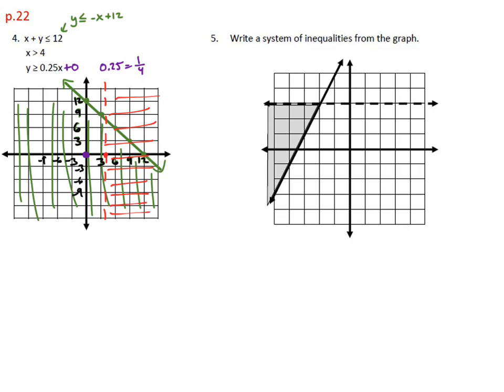So I'm going up 1 to the right 4. Up 1 to the right 4, so that's going to put me at 8. Up 1 to the right 4. I'm now at 12. And that one was or equal to, so that means I'm going to have a solid line.